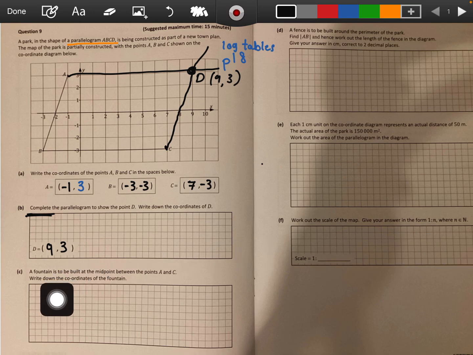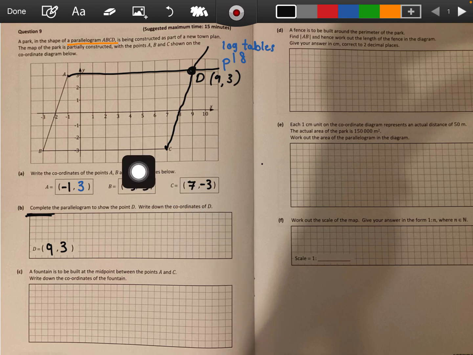Okay, part C then says, a fountain is to be built at the midpoint between the points A and C. Write down the coordinates of the fountain. Now, there's a few different ways of doing this.